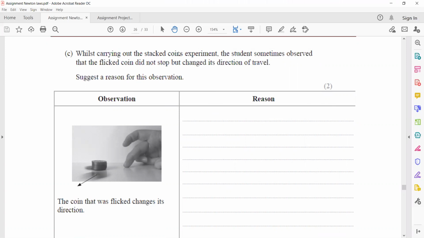What happened is that the coin which is flicked here, after striking, changes direction. Basically, if you look at these coins from the top, this is one coin and this is another.